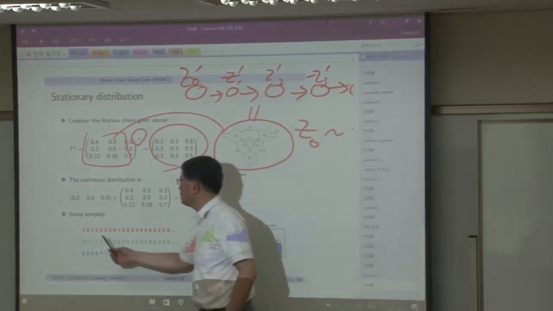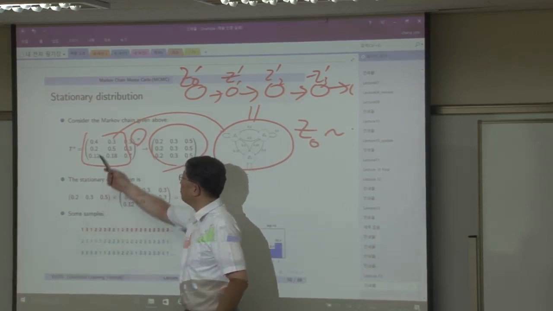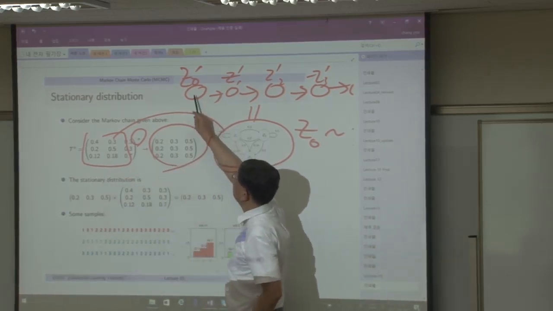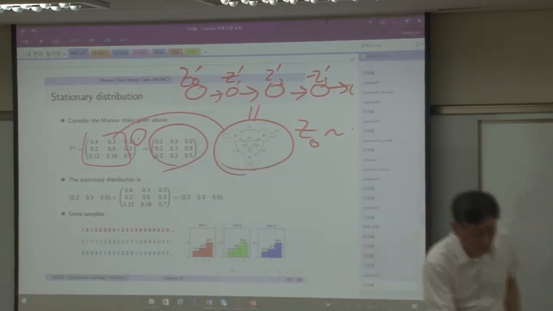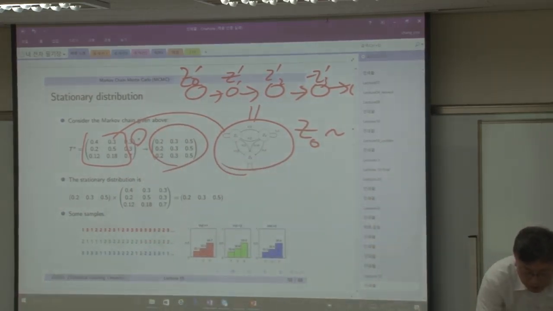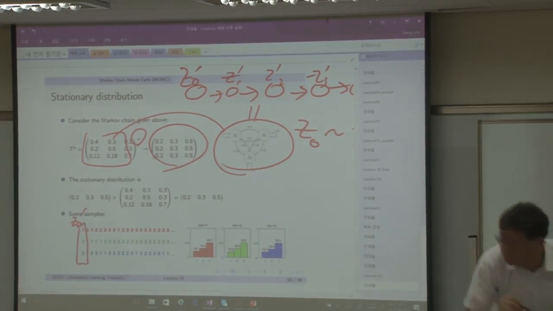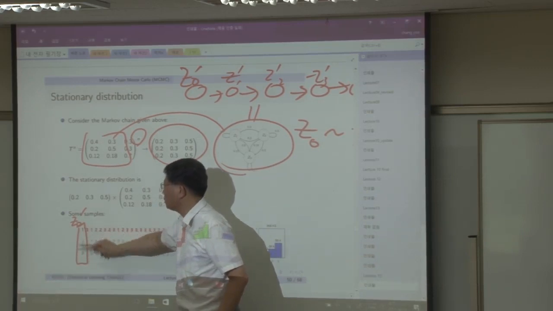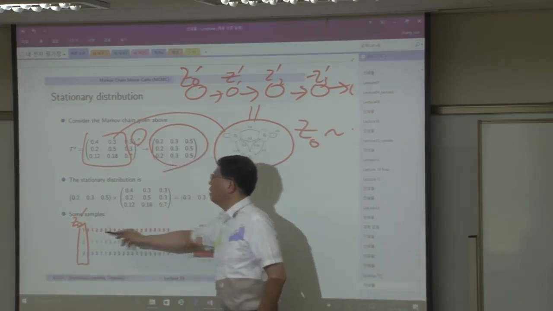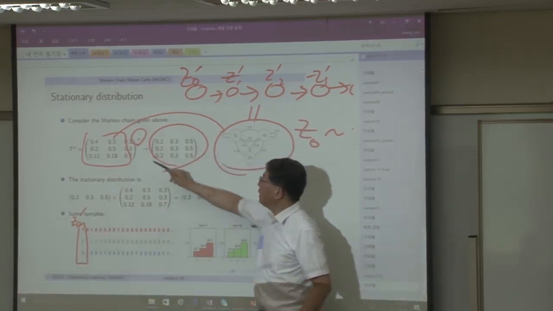The student started by assuming it started at Z0. This represents the Z0 prime, the first one, for three cases: Z0 equals 1, 2, and 3. Then we went through the transitions based on this.